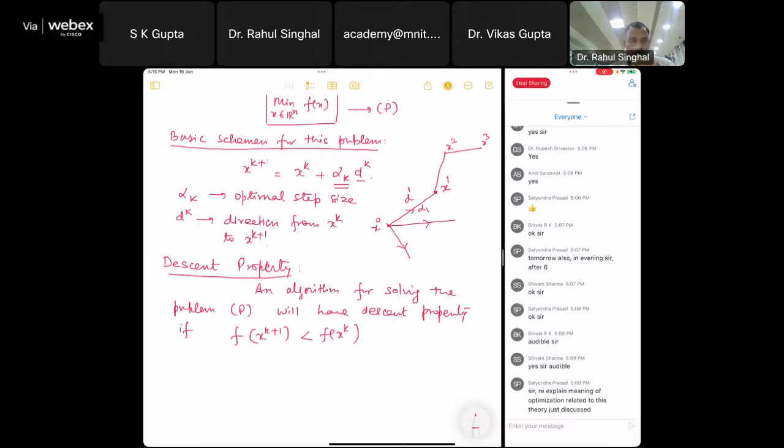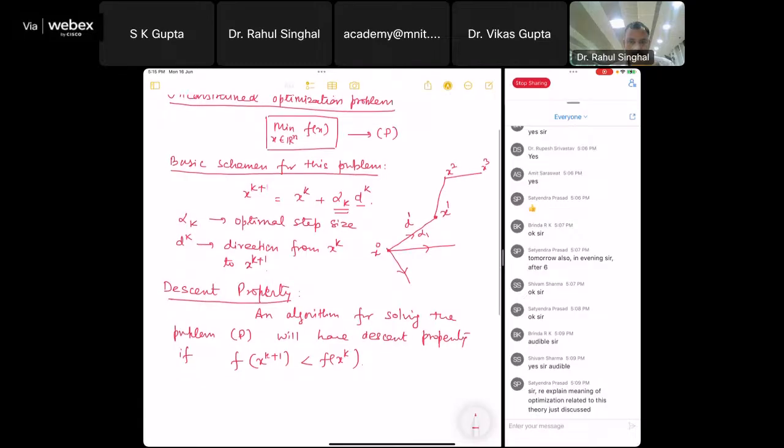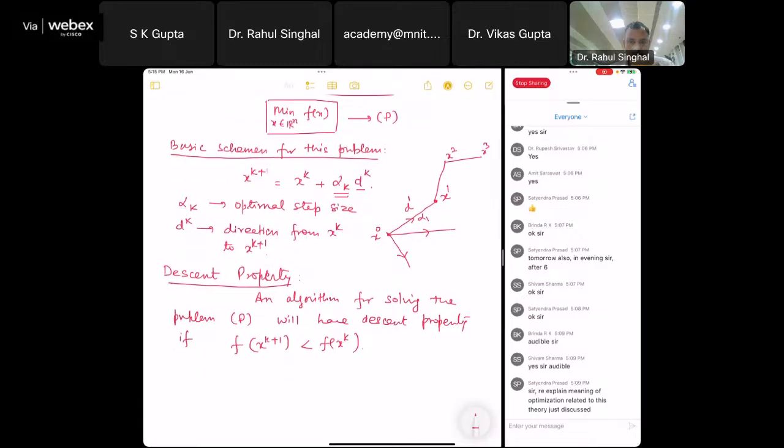We are working on minimizing this objective function f. So if in each iteration the value of f decreases, then we say that whatever algorithm we are proposing will have the descent property.